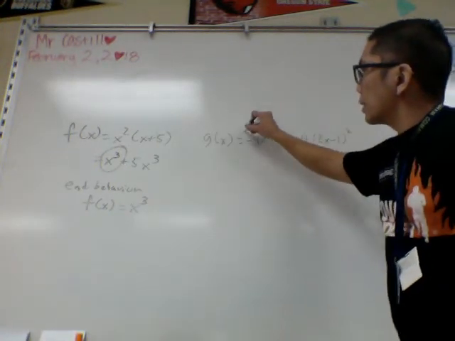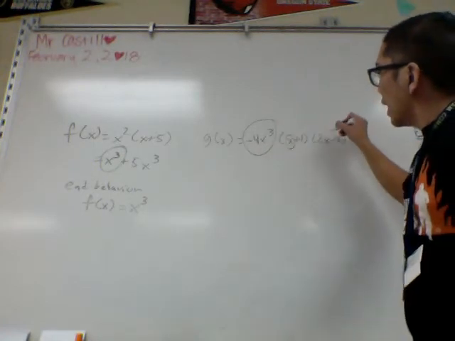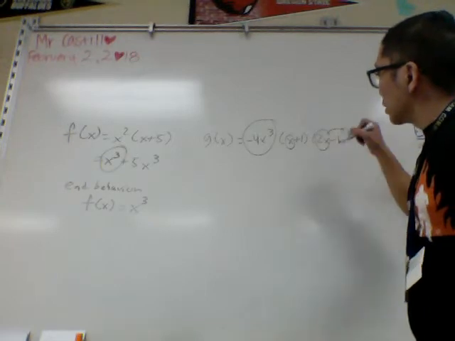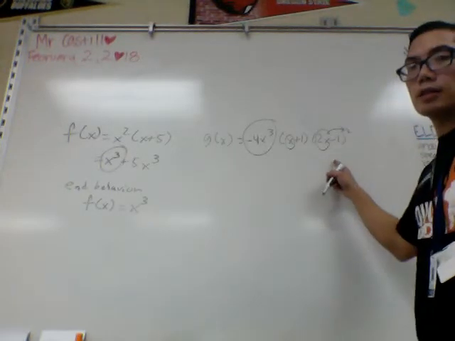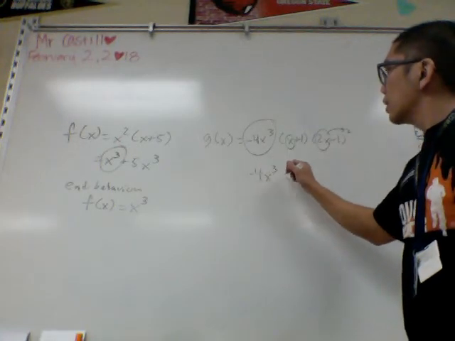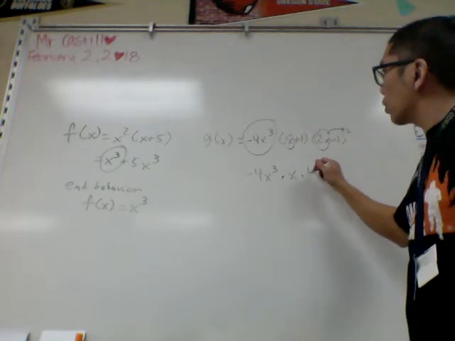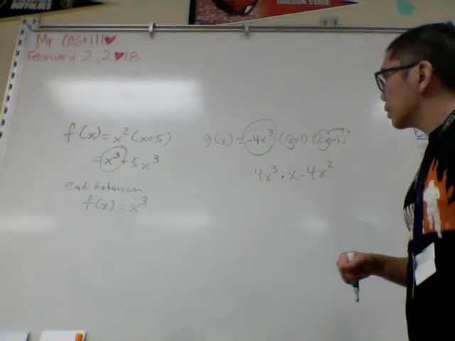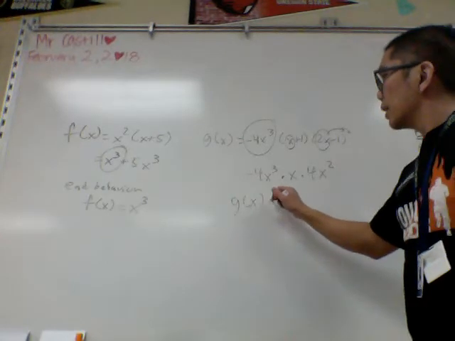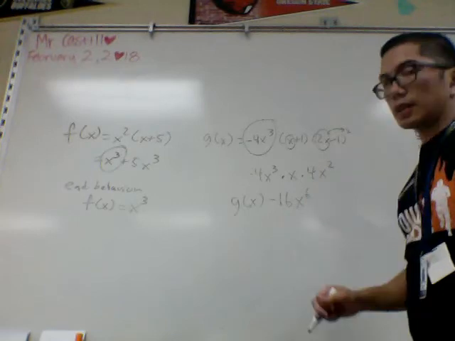So I'm going to multiply the x, and I'm going to multiply the 2x, but remember, it's being squared, so I have to square 2x. So this is negative 4x to the third times x, and 2x squared is really 4x squared. And so my end behavior is negative 16x to the sixth.